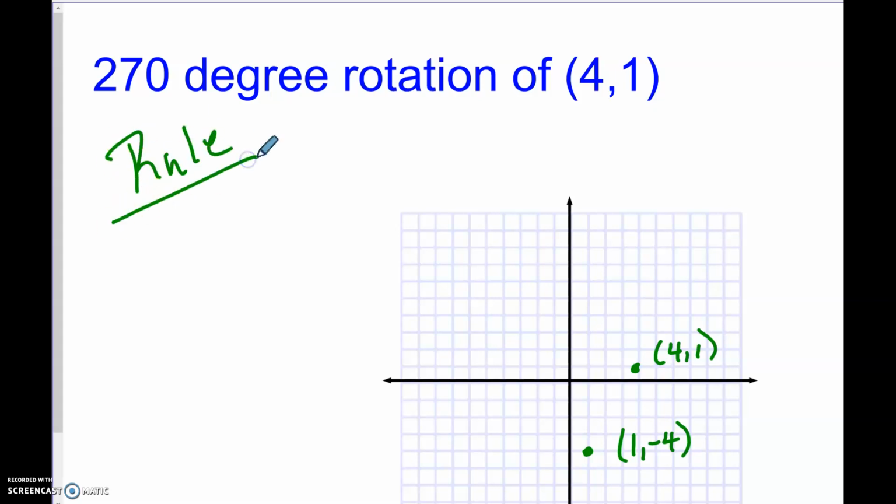What happened over here? Well, it looks like x went to the y spot and it changed sides, and the y just came in front. So for the 270, the y moves in front but keeps the same sign, and the x switches to the back and it also changes signs so that we have a negative x.